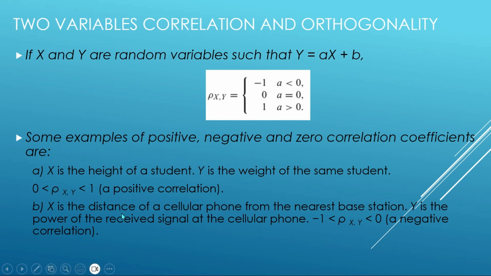For example, the cellular phone is transmitting a signal, communicating with the base station, and the base station is the receiver. The signal received at the base station will drop as the transmitter, the cellular phone, moves away from the base station.